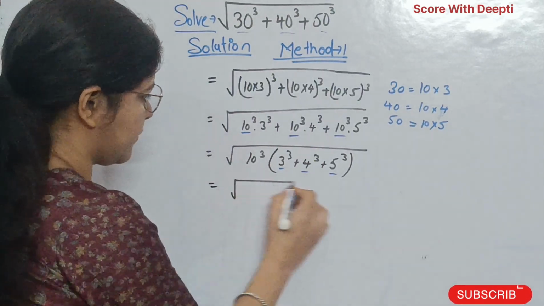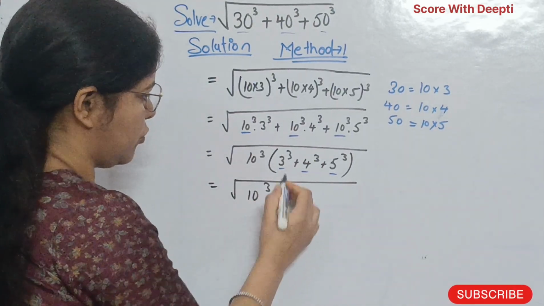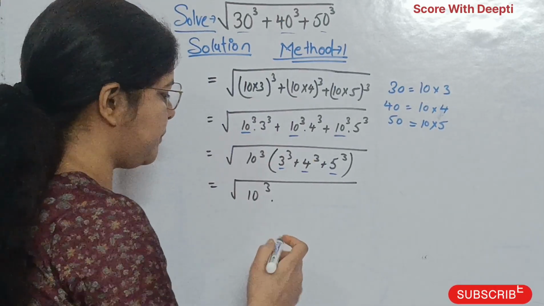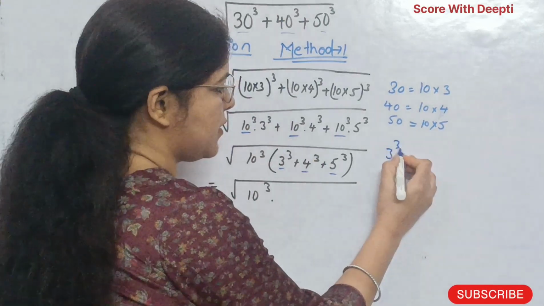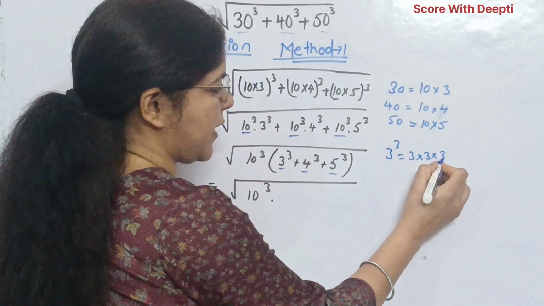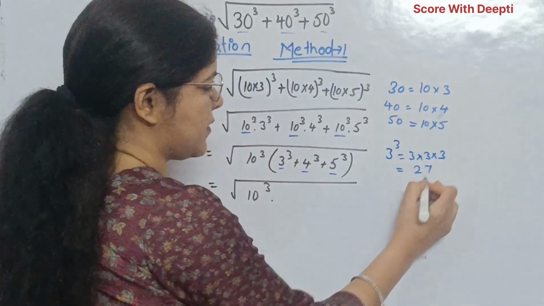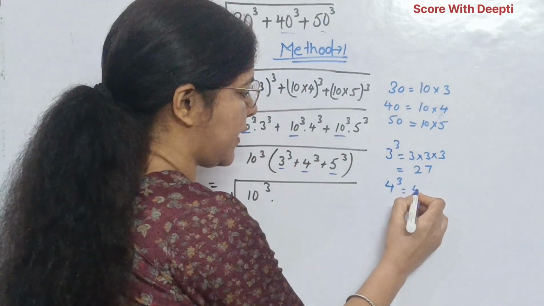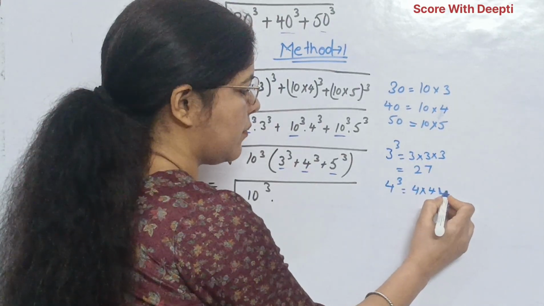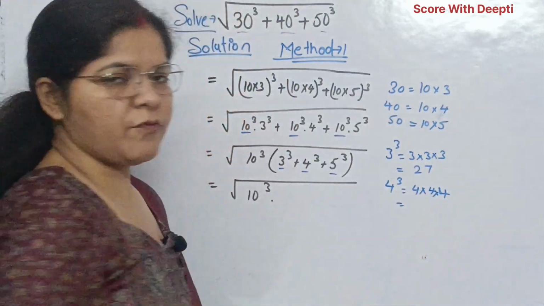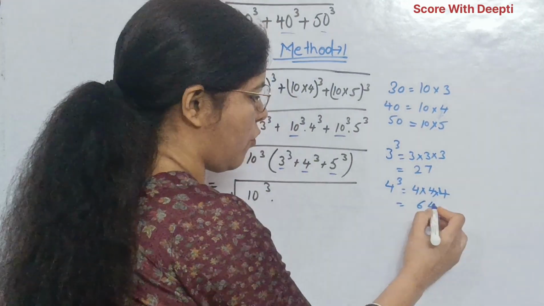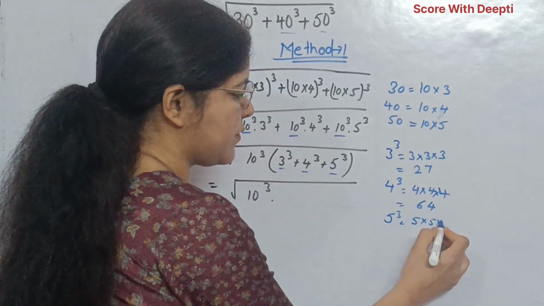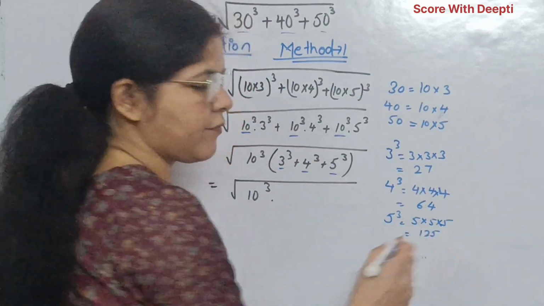3 cube means multiply 3 three times: 3 times 3 is 9, 9 times 3 is 27. 4 cube means multiply 4 three times: 4 times 4 is 16, 16 times 4 is 64. 5 cube means multiply 5 three times, and we get 125.